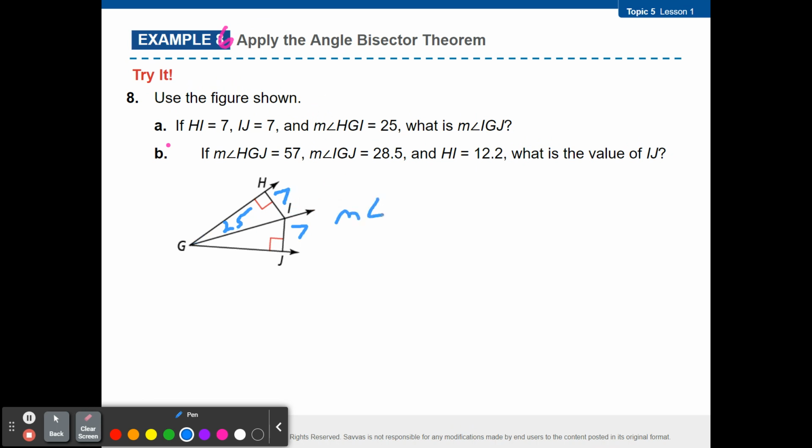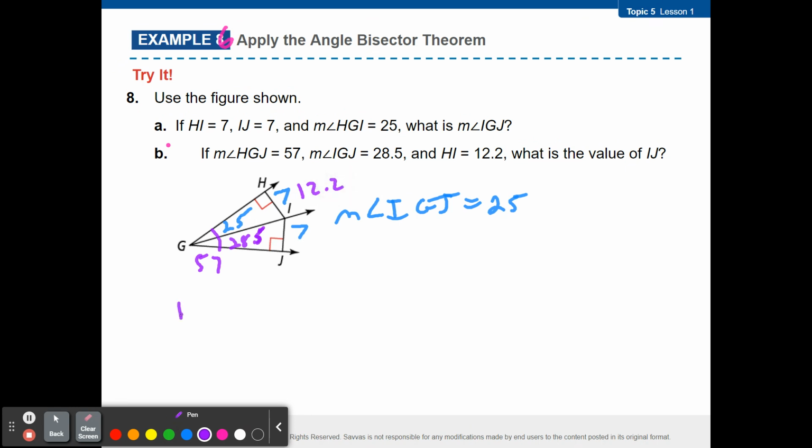So the measure of angle IGJ will be 25. Now for letter B, if the measure of HGJ, so this entire thing is 57, IGJ is 28.5, and HI is 12.2, what is the value of IJ?